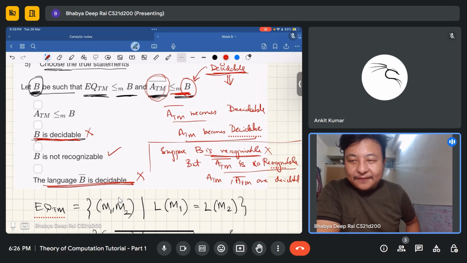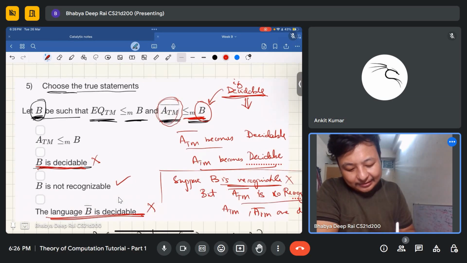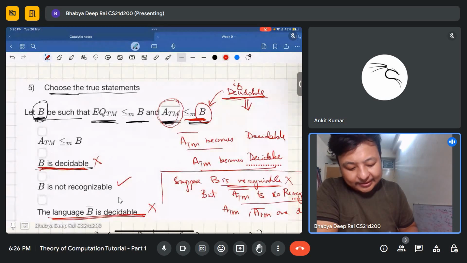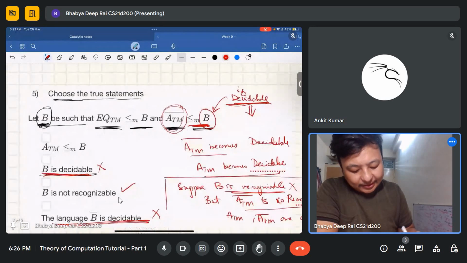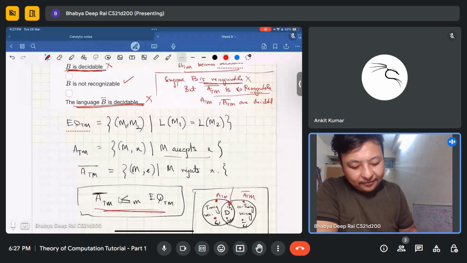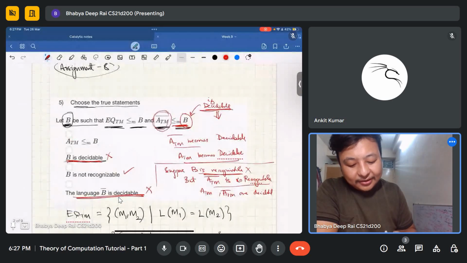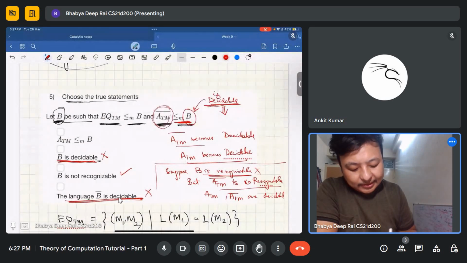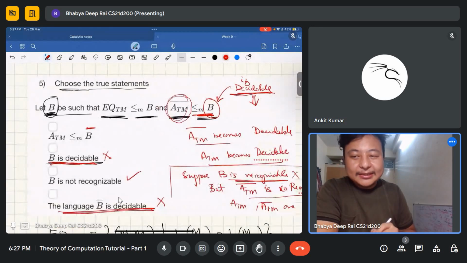And finally, you have ATM reduces to B. Here, I think there is a slight mistake in the question. I just saw this right now because ATM bar reduces to EQTM. It's not that ATM reduces to EQTM. So I feel like what they are asking is this.